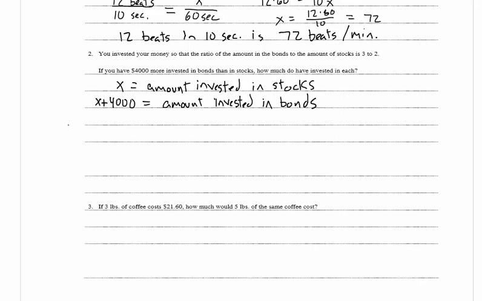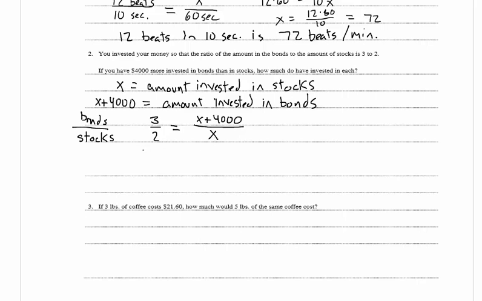And they told us that bonds to the amount of stocks is 3:2. So if we have bonds in the numerator and stocks in the denominator, 3/2 is our ratio, is equal to x plus 4,000 divided by x. X plus 4,000 represents the amount in bonds, and x represents the amount in stocks.